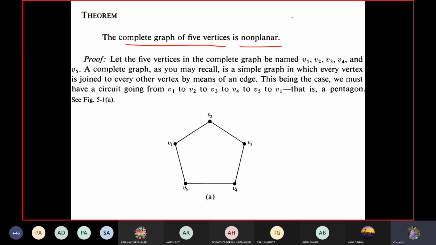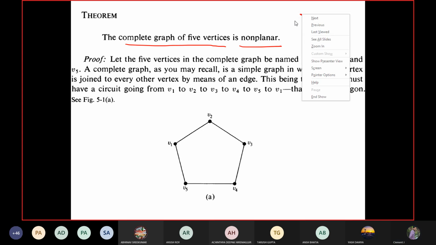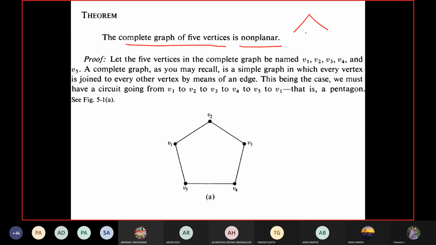A complete graph with 5 vertices can be in the shape like this: V1, V2, V3, V4, V5. Now can you say whether it is planar or non-planar? Anyway, it is given as a theorem. It is non-planar.